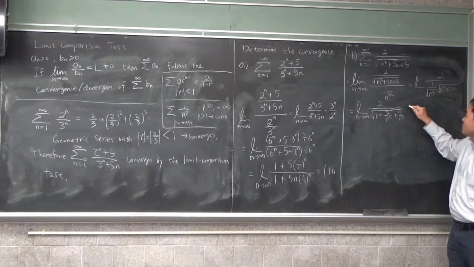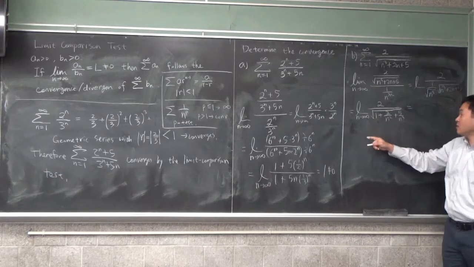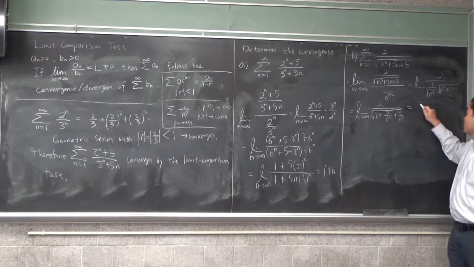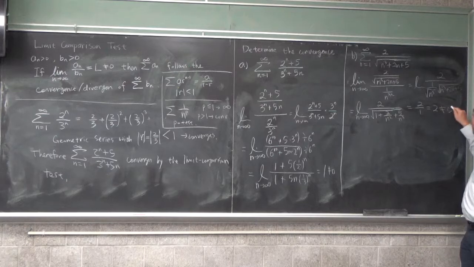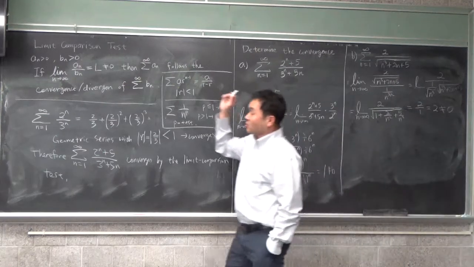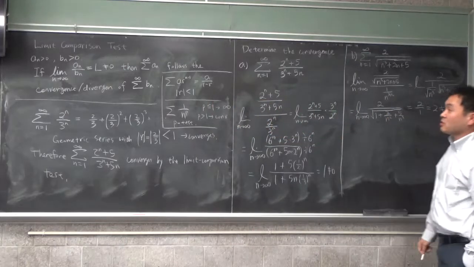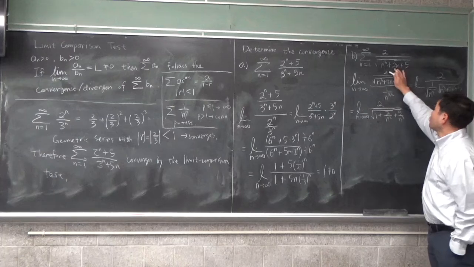And now you can easily see that this is 0 as n goes to infinity. 2 over infinity is 0. And you just get 2 over 1, which is 2, and that's not equal to 0, just as our limit comparison test requires.